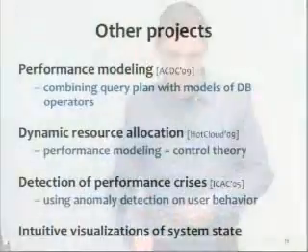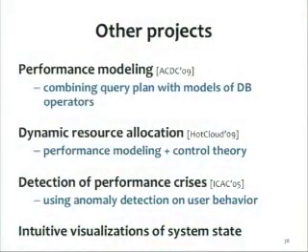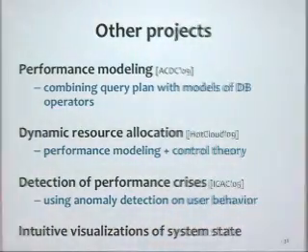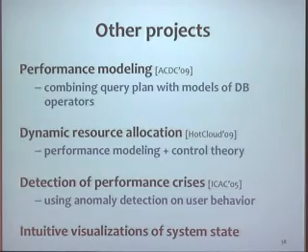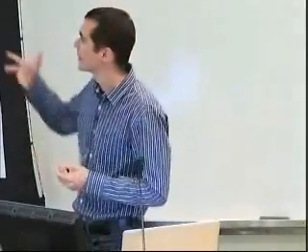Okay, so let me now quickly run over some other projects I worked on. The first one was on performance modeling, where we designed both black box models of various systems, but also combined query execution plans with simple models of database operators to get flexible models that can extrapolate well to unseen workloads or unseen configurations of the system and could help developers understand the impact of their designs in future workloads.